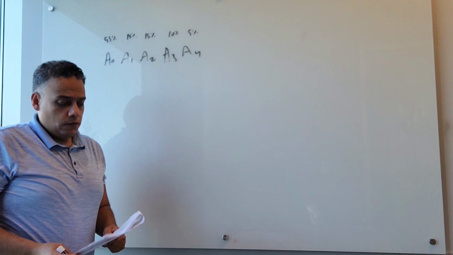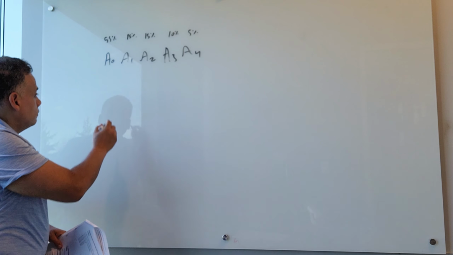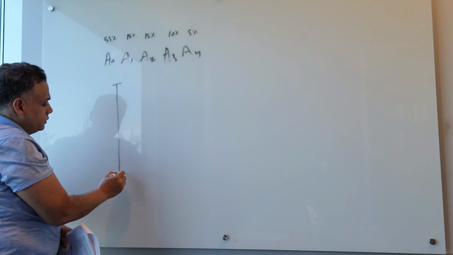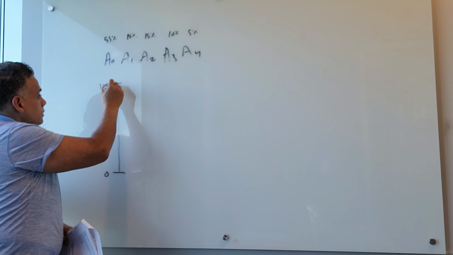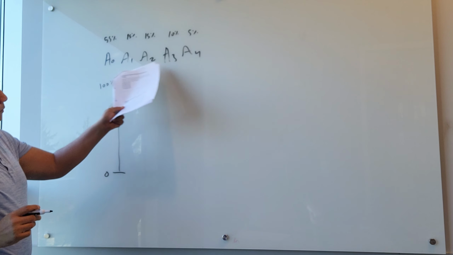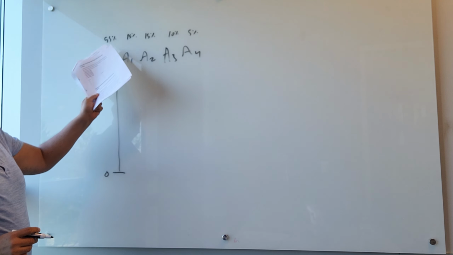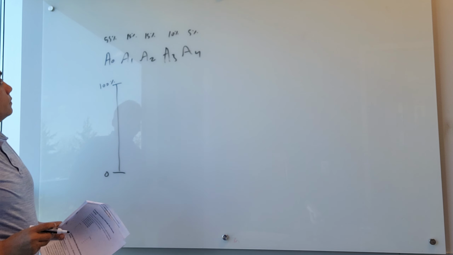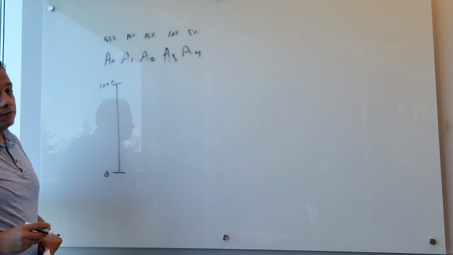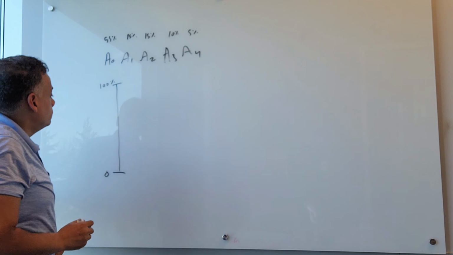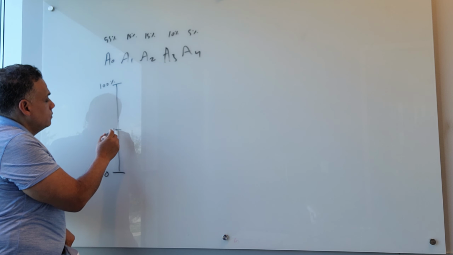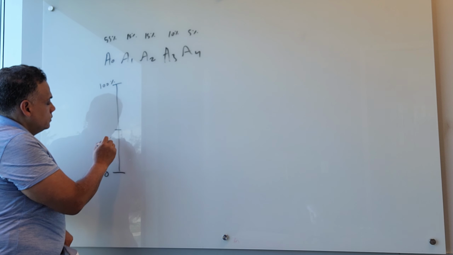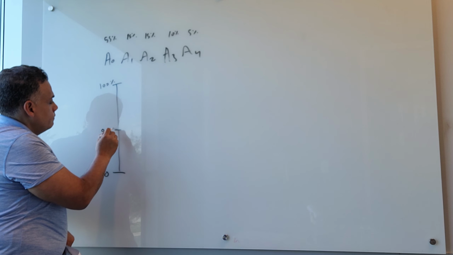Okay, so I'm going to divide the interval from 0 to 1, which represents the entire probability space, according to the following distribution: 5, 10, 15, 15, and 55%. So from 0 to 55%, we have the space occupied by A0. So this is 0.55.